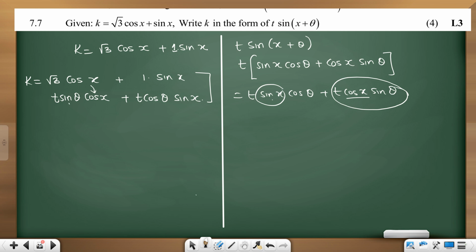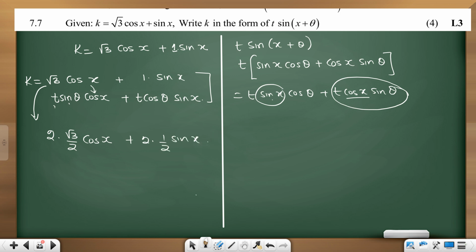What should I divide by 2 and also what? Multiply by. Did that make sense? So this can be written as what? 2 root 3 over 2 cos x plus 2 times 1 over 2.